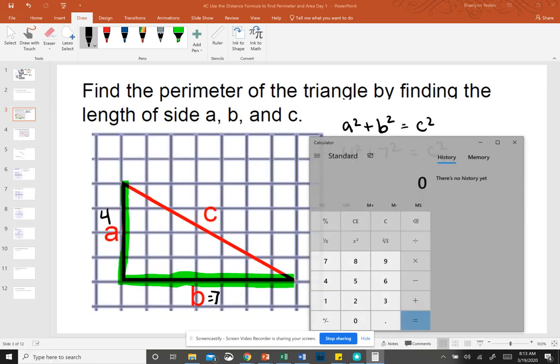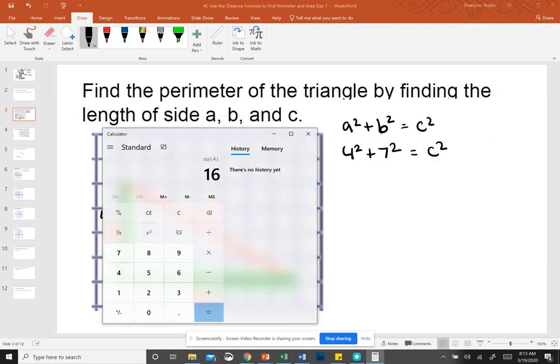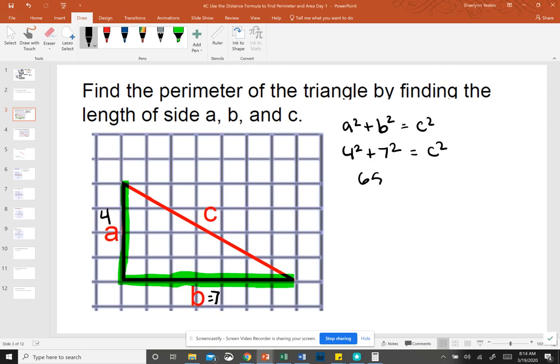Calculator. Beautiful. Okay, so we need to do 4 squared plus 7 squared. And that's 65. So I end up with 65 equals c squared. So if I take the square root of both sides, I end up with c equals the square root of 65.